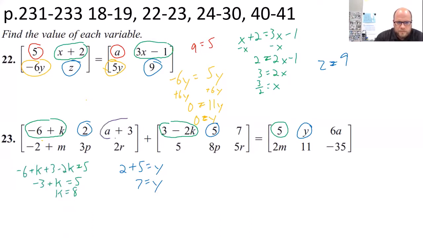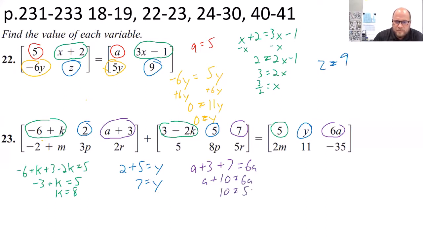All right, the next one, got a value, a plus 3 plus 7 equals 6a. Combine the two like terms, 3 and 7 gives us 10. Get rid of the a by subtracting it, so 10 equals 5a. Divide by 5, and a is 2. Next, the m's.